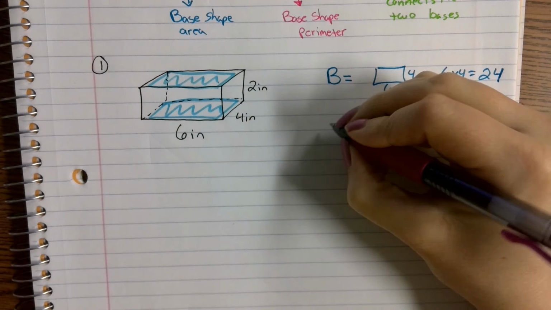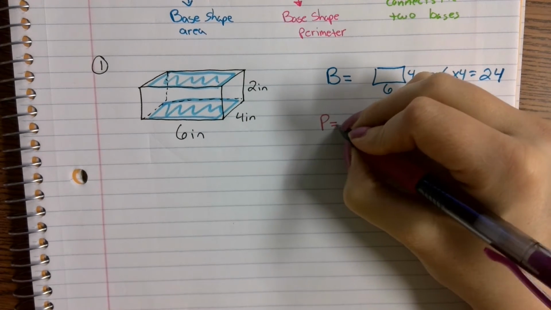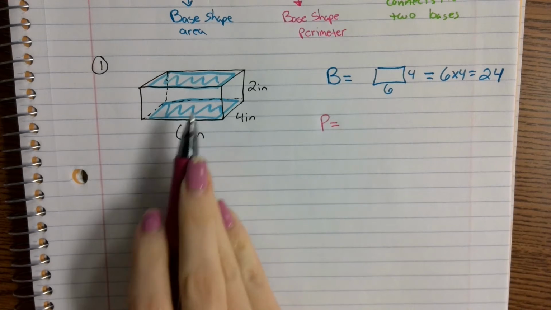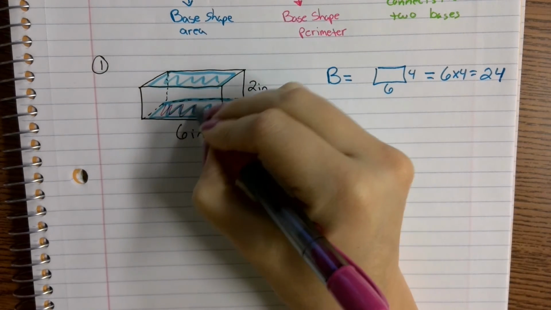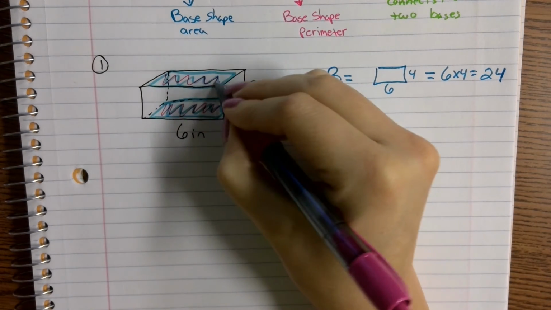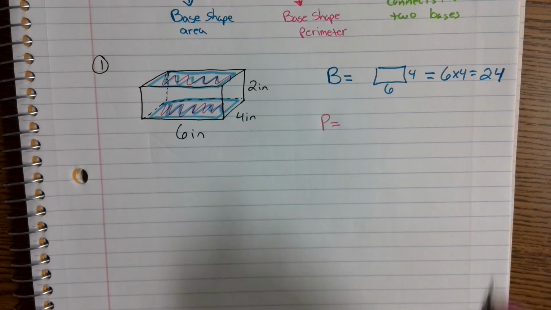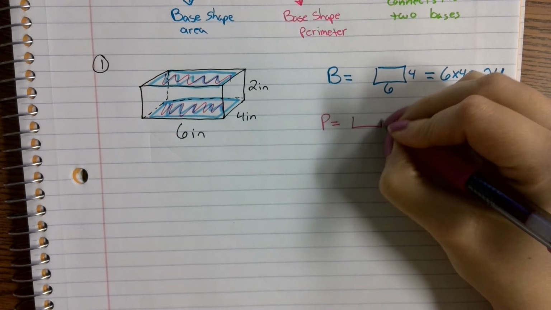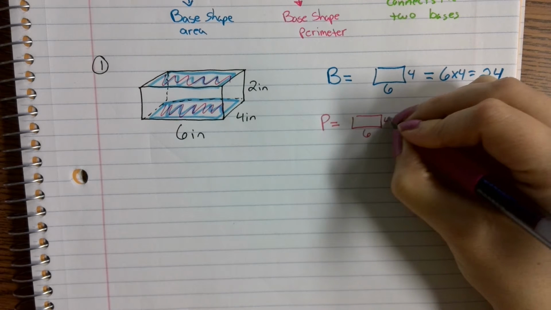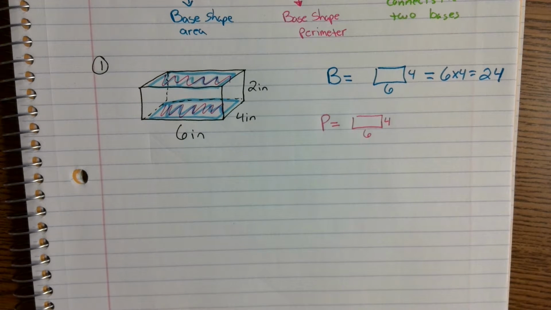Then I find the value for P. You have to use that exact same rectangle. So it's the 6 by 4 rectangle that I'm going to use, but this time I'm finding perimeter. So what's the perimeter going to be?